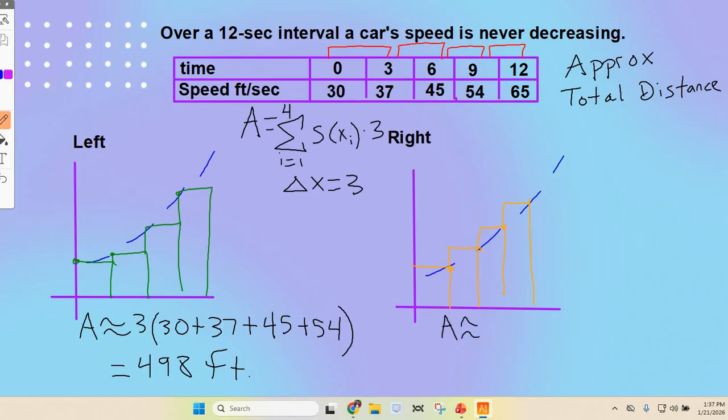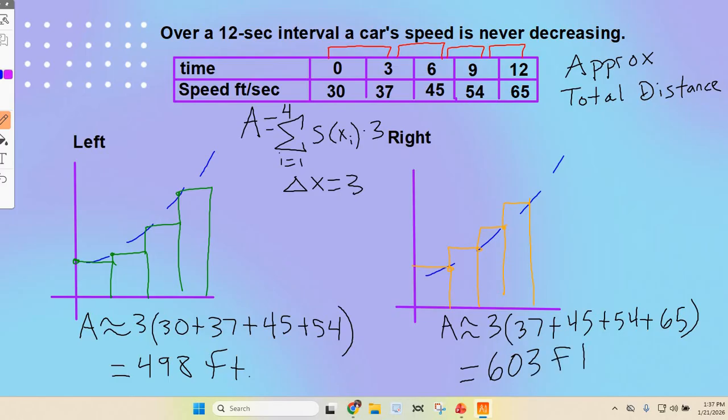The 30, okay? Because now when I go from 0 to 3, I'm using the 37. So I still have 37, still have 45, and I still have 54. But now when I go from 9 to 12, what are we using there? 65 instead. So for our right approximation, we get 603 feet.